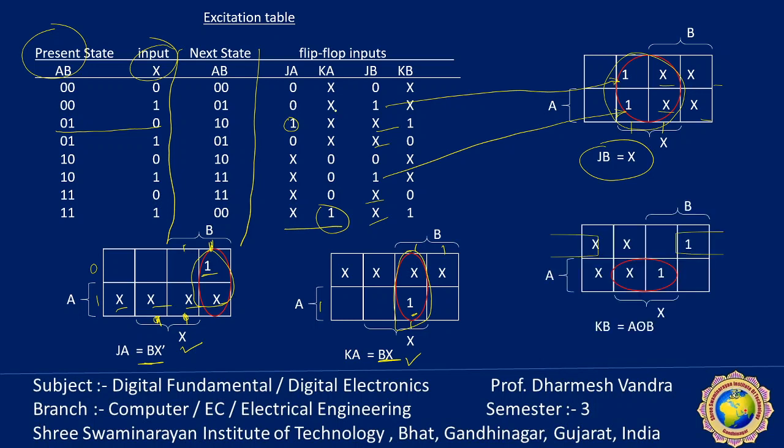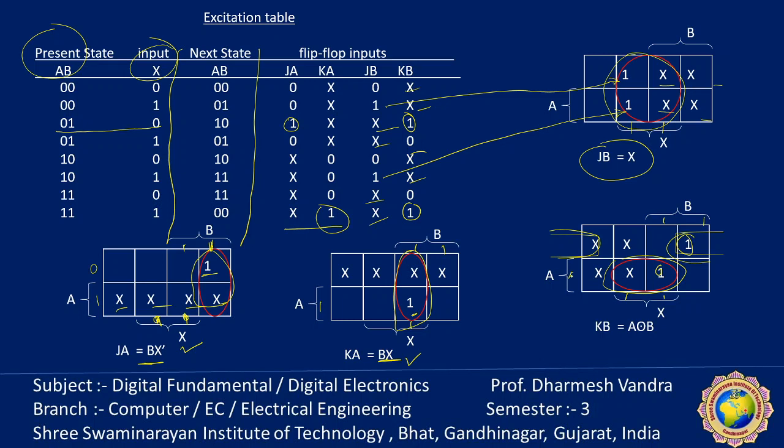And KB, here it is 1 and these two are 1 and the remaining all four are don't care conditions. So the equation is that 1, 1, 1, 1. So this combination and this combination.